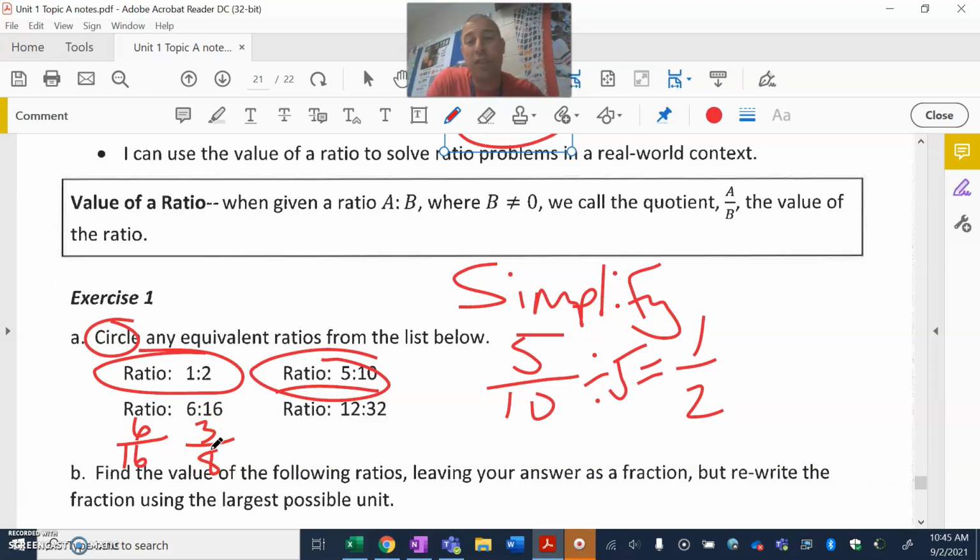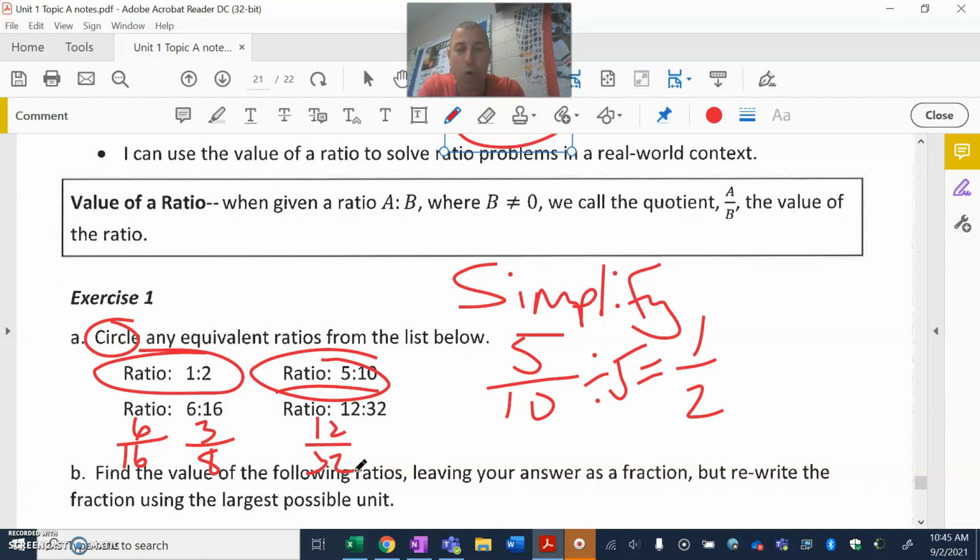Let's check out the 12 to 32. Again, I'm thinking of it in fraction form, and I need to find something to divide by. So I'm going through my multiplication facts of 12: 1, 3, 4, 12. 4! I can divide 12 by 4 and 32 by 4. So let's do it. That's simplifying.